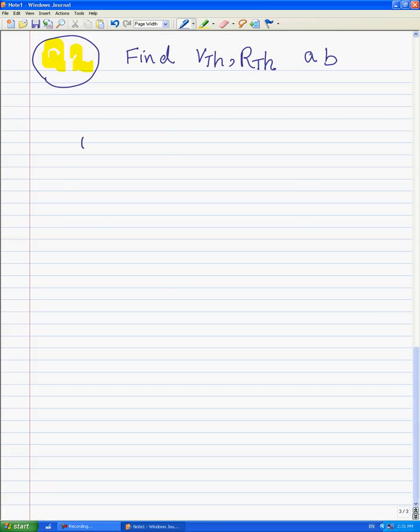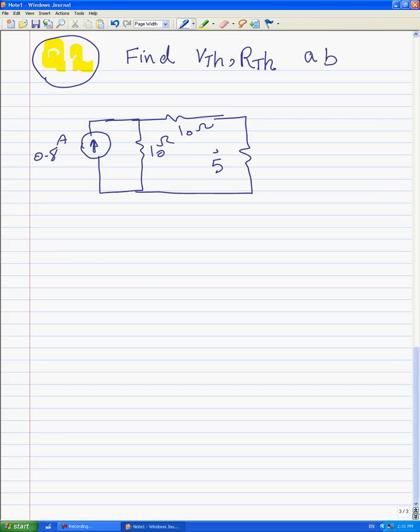For this circuit, we have 0.8 amps and 10 ohms here and 10 ohms here and 5 ohms here and 16 ohms here. And also we have a current of 1 amp here.